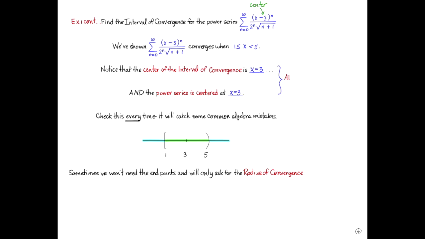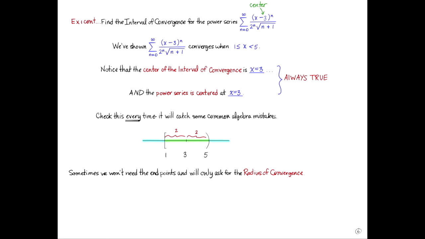This is always true. This is a very easy check you can do when you've finished taking the limit in the original ratio test and finding the values for which your limit is going to be less than 1. If the center of those values is not the same as wherever your series is centered, you know you've made an algebra mistake.